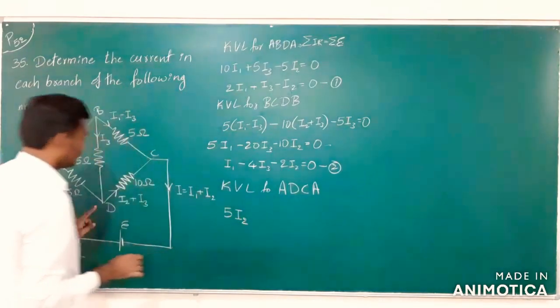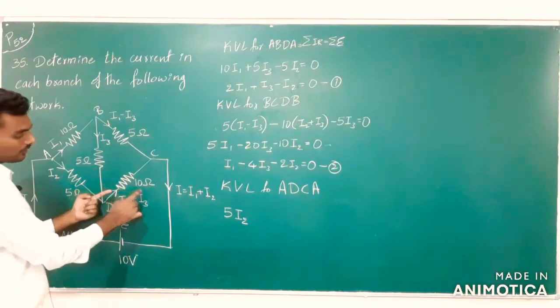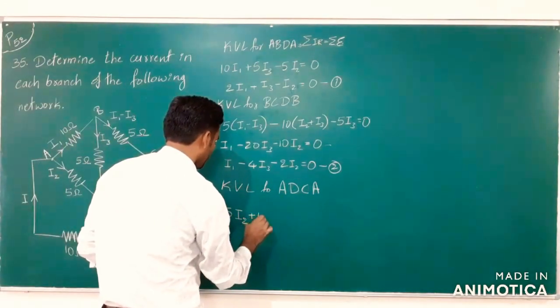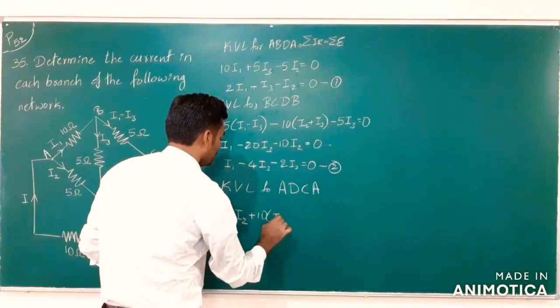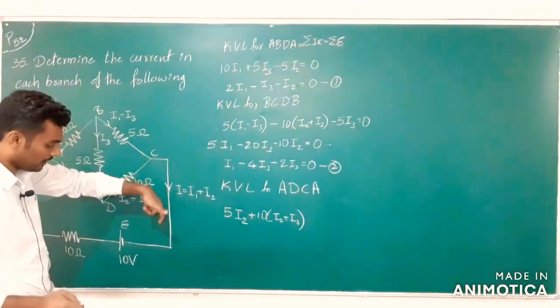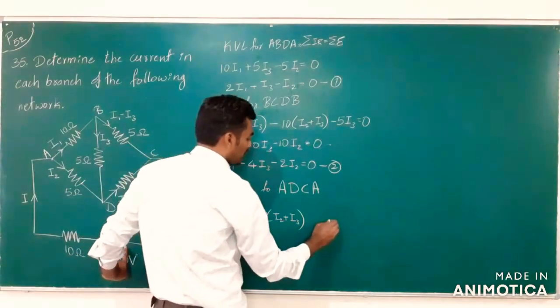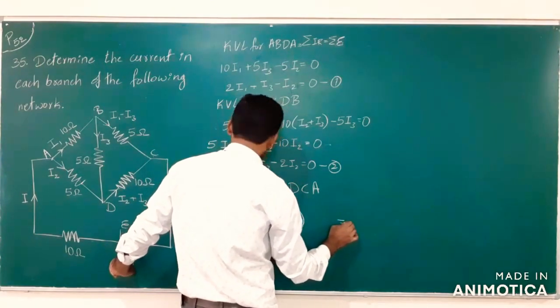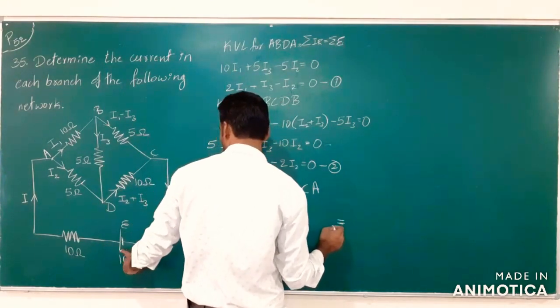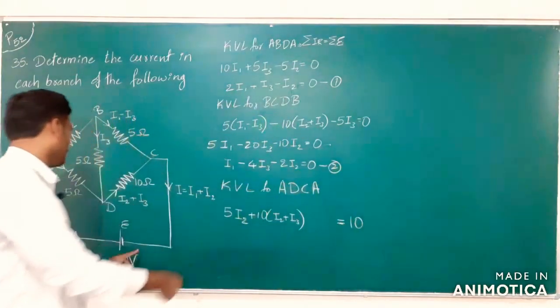Then D to C. Current I2 plus I3, same direction, 10 ohm resistance, plus 10 of I2 plus I3. Then I come like this. I approach the negative terminal of the cell, 10 volt EMF, equal to 10 on the RHS, the EMF part.